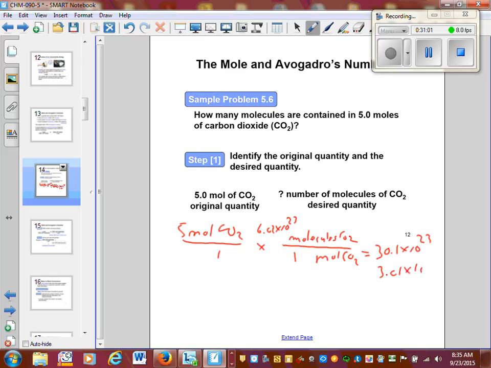What does that say on top there? Molecule of CO2. Just like if I said, bring me 5 dozen eggs, you would know to bring me 60 eggs. So, that's all it is.